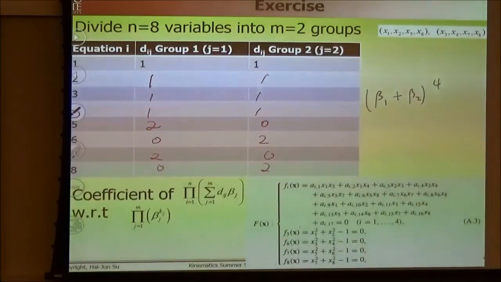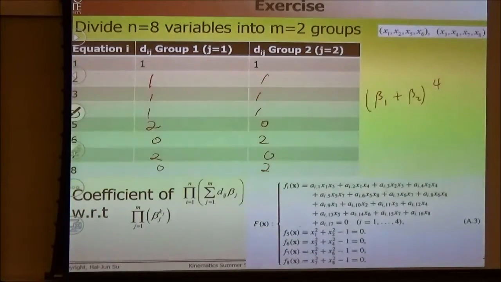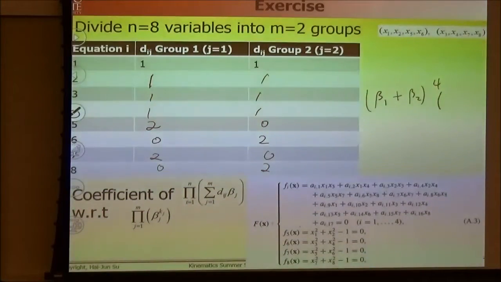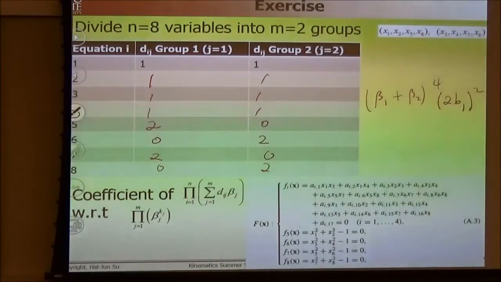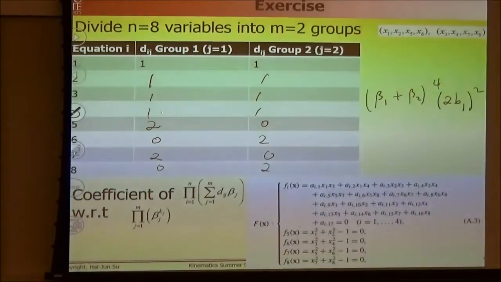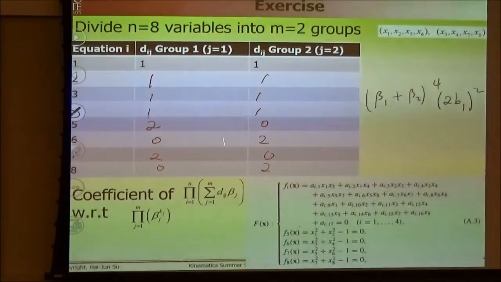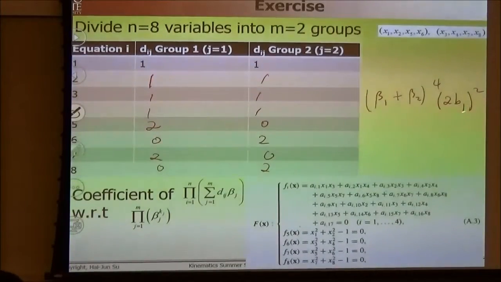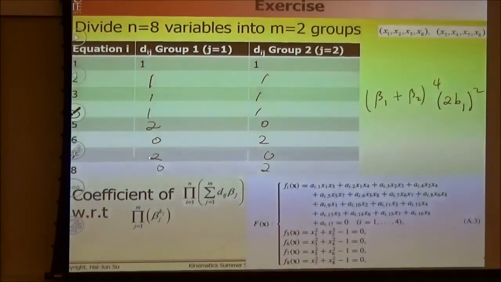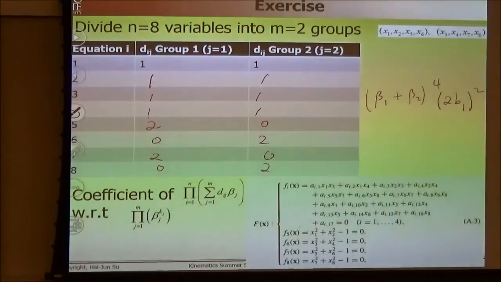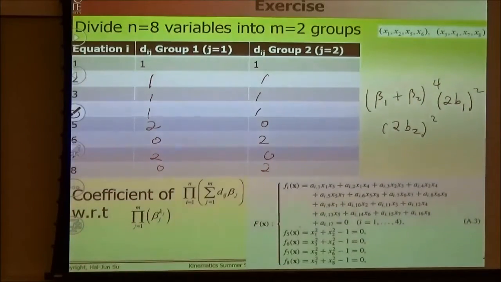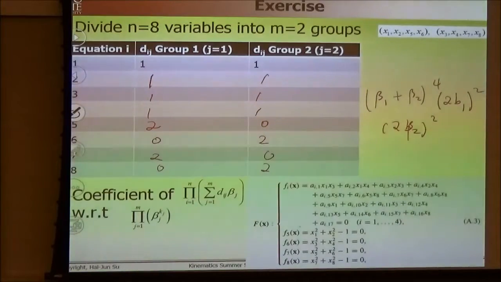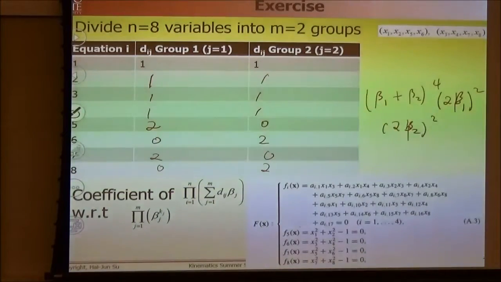Then I have the product, so times 2 beta 1 squared, because I have 1 here, 1 here, so that's 2 times beta 1. Because I have 2 of them, that's squared. And for this one, I also have 2 of them, so times 2 beta 2 squared. Oh, actually, I'm using beta. Okay. So this is a 2-homogeneous case, you have 2 betas.